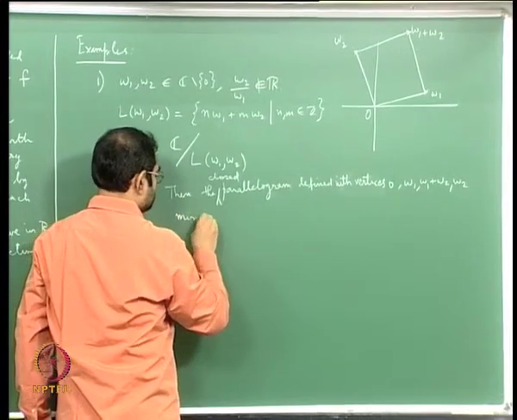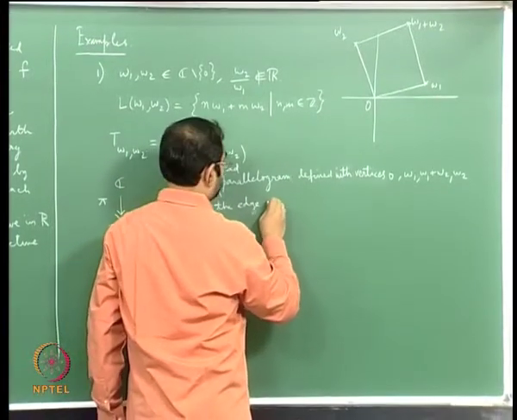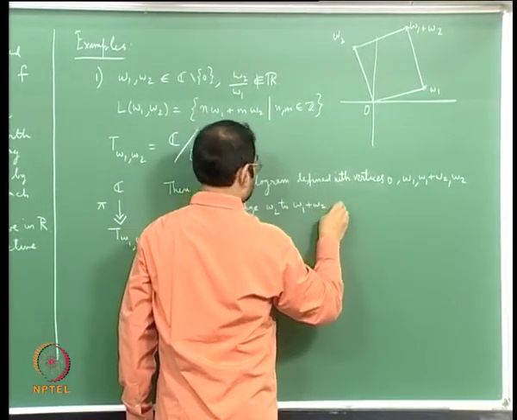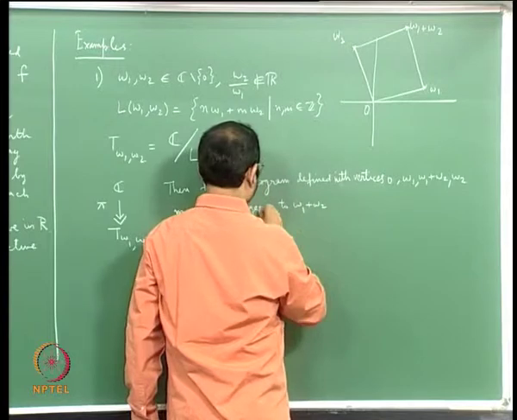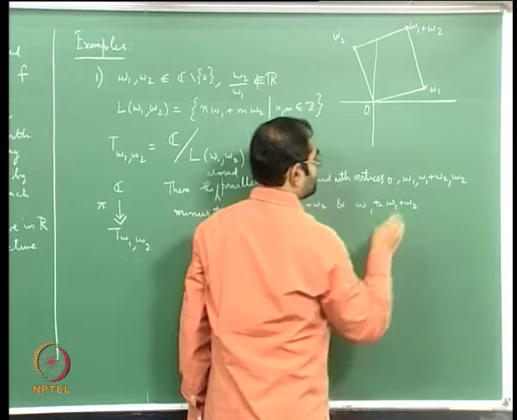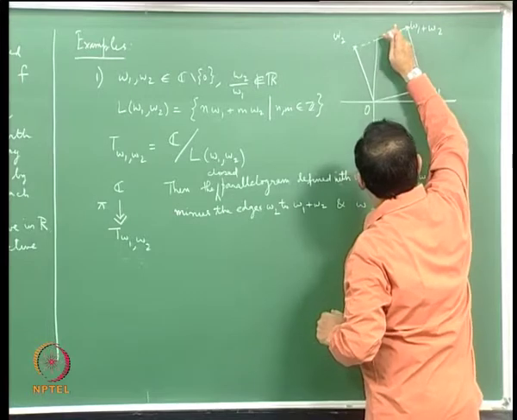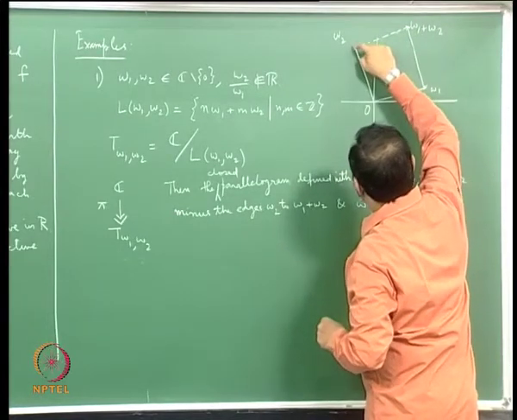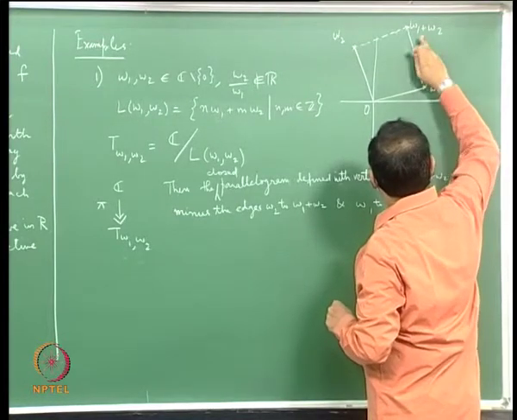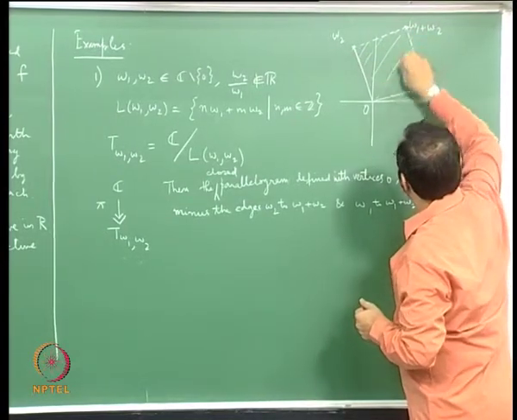Minus the edge omega 2 to omega 1 plus omega 2, and omega 1 to omega 1 plus omega 2. So you throw away this, and mind you when you throw away this, this point is also thrown out. And you throw away this edge, so this point is also thrown out, and then you take this region.